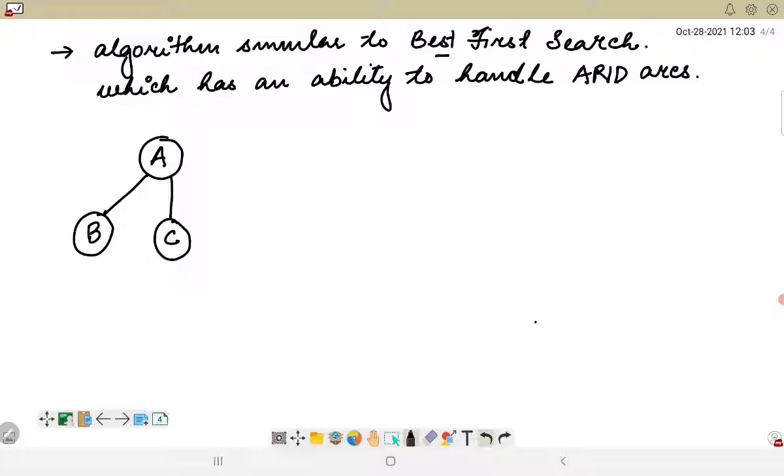Then let's say I have C and D, and C and D are part of the AND arc. Now the cost to reach from A to B is 5, A to C is 3, and A to D is 4, with the path cost equal to 1. Each of these arcs will have 1 as the path cost. All right, now suppose we look into this. What should be our primary choice if I'm using the best first search approach?